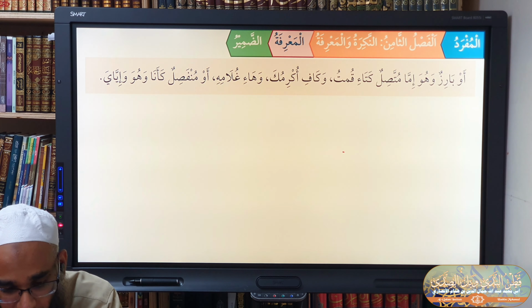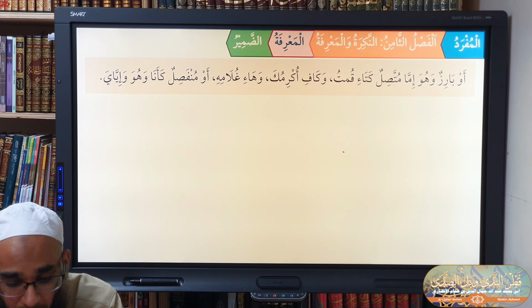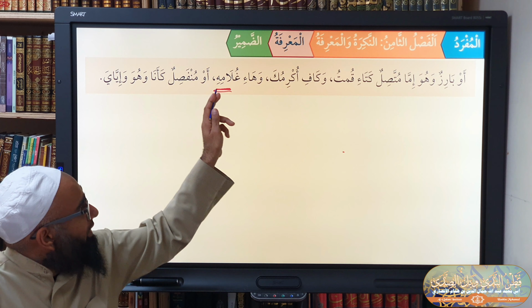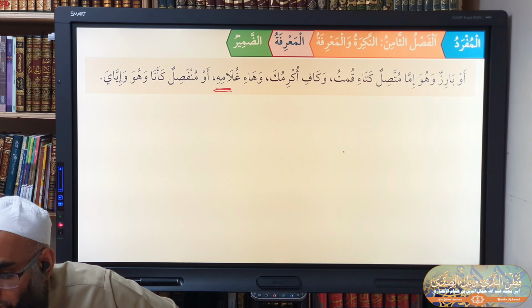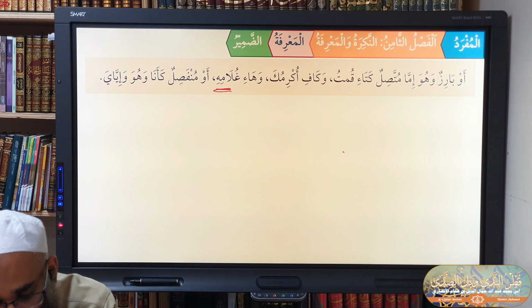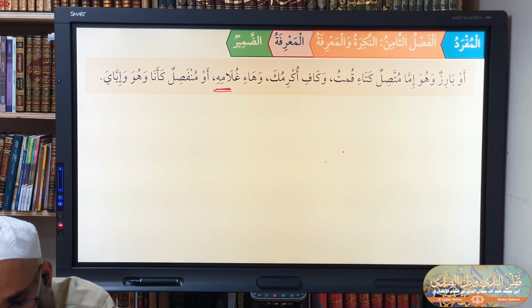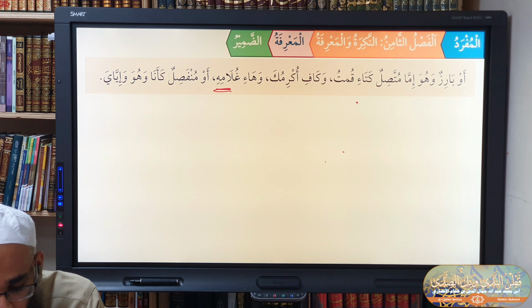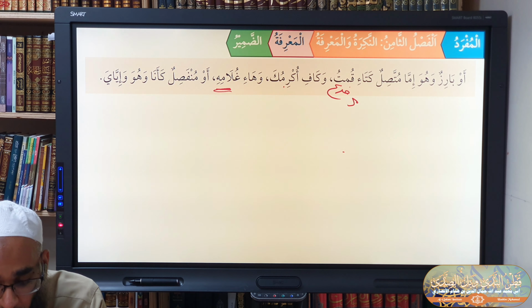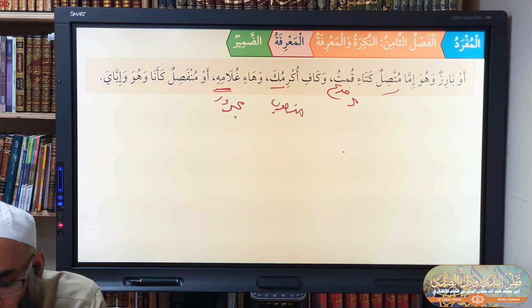Similarly, it can also be like ha of ghulamihi. Here the he is attached, so that's zamir. So he's given three examples. Qumtu is an example of zamir marfu'. Ukrimuka is an example of mansoob. And ghulamihi is an example of majroor. So he's given three examples of zamir muttasil.